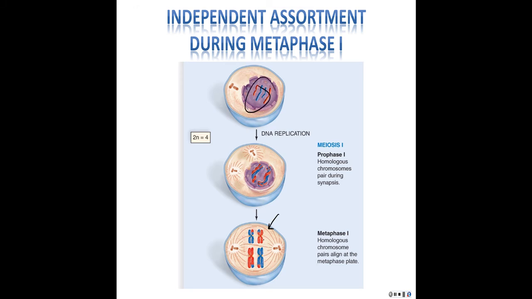So think about independent assortment too. You have the chances of getting this guy and this guy, or you can get this guy and this guy, or this guy and this guy. You can think of all the different possible combinations here. Lots and lots of diversity.